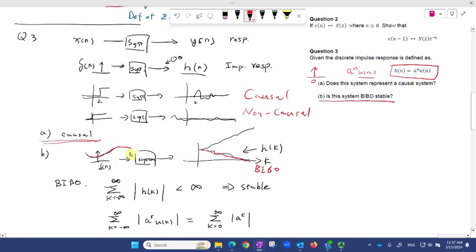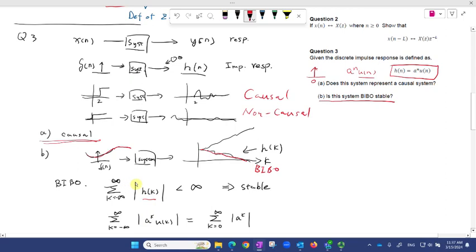So you give a regular signal, you expect the system to give you a stable response or a decaying response. Mathematically speaking, this h[k] again is the impulse response.